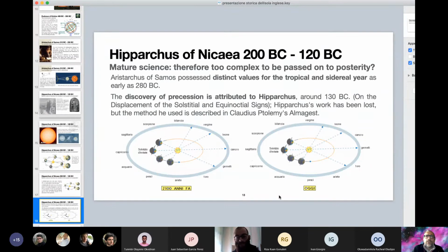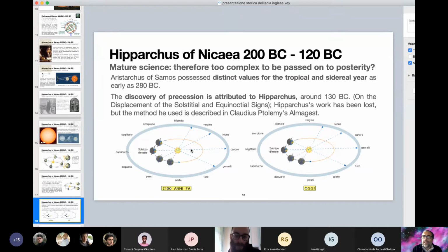Now, what does Hipparchus of Nicaea manage to understand? Okay, Aristarchus knew the distinct values of tropical and sidereal years in 280 before Christ. 150 years after, Hipparchus explained this difference by means of a very simple conjecture.